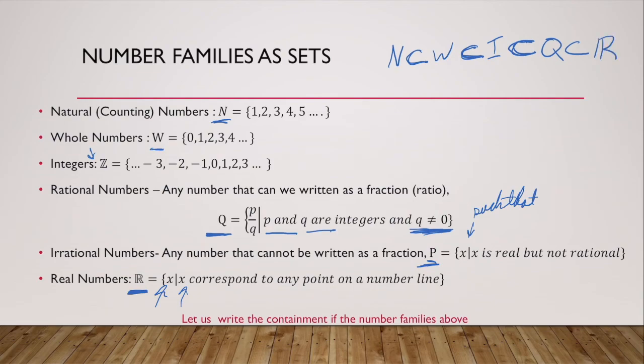Oh, did I skip the integers? That was supposed to be a double bar Z. Then we have the irrational numbers, and those are contained in the real numbers, but they aren't in any of our other number families. So that would be containment. Where do things reside? And again, this is just another way to draw out that picture of the containment I had shown in an earlier slide.